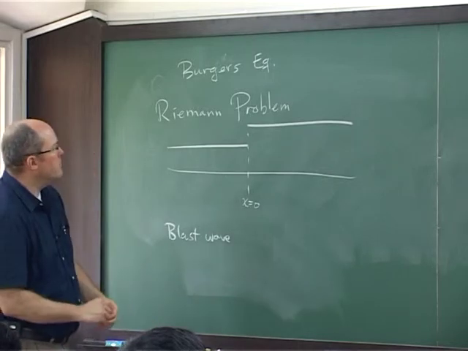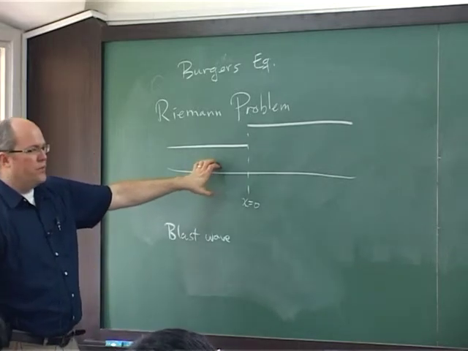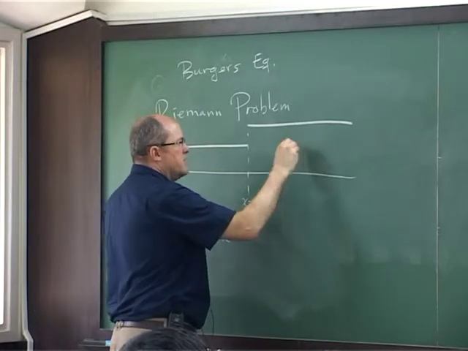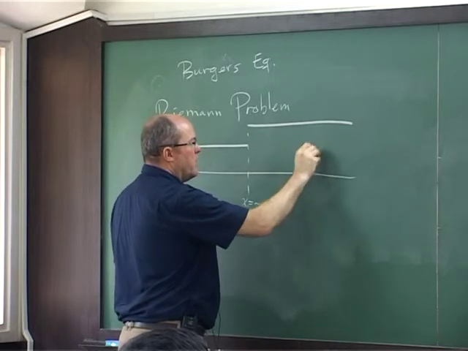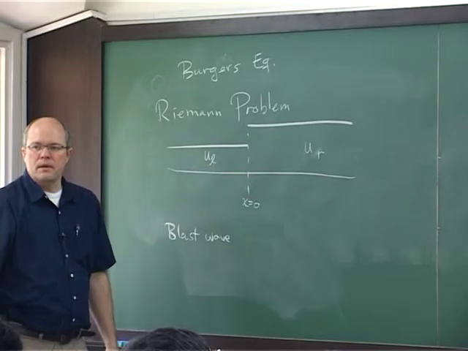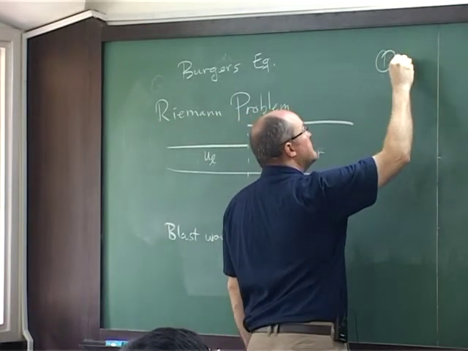The solution for Burgers' equation for this problem is fairly simple. I'm going to call this the right state, u_R, and I'll call this the left state, u_L. There are two cases, basically.